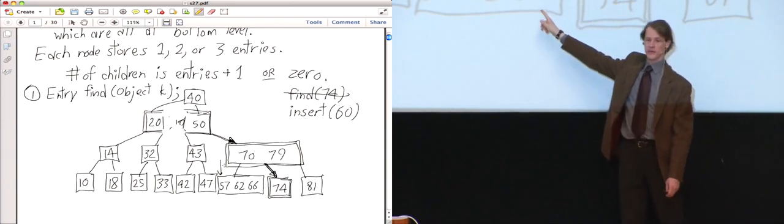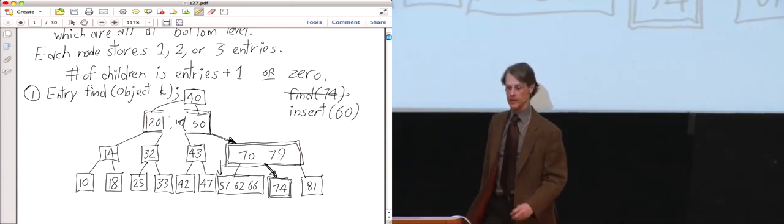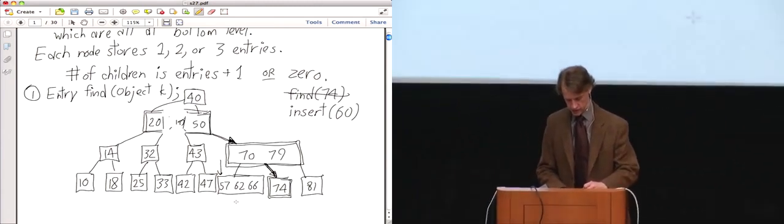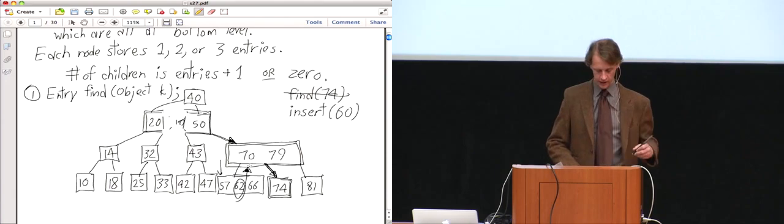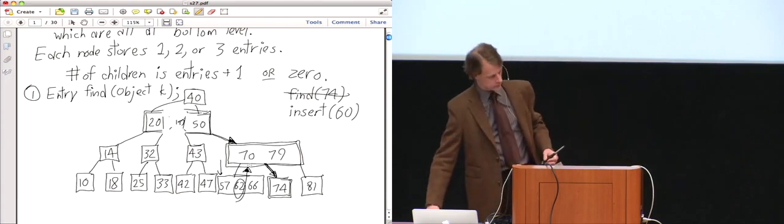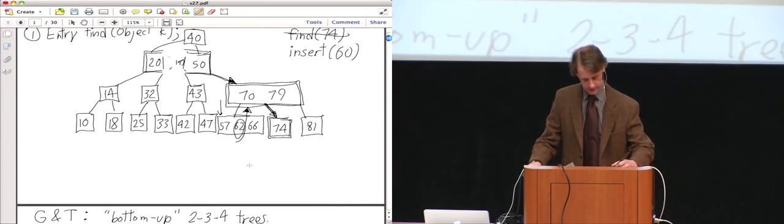And so this being a 3-key node, we have to do the same rule that we did before, which means we're going to take that 62 and we're going to move it up into the parent there. And so after we do that, it's going to look like this.